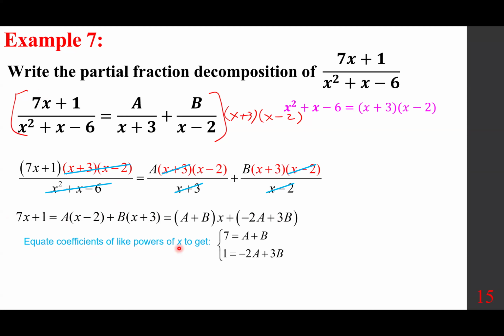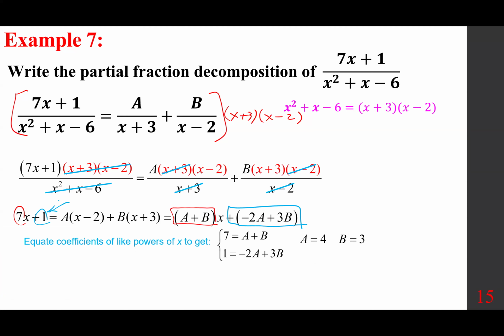So equate coefficients of like powers of x to get this, everybody, is equal to 7. And this, everybody, is equal to a constant. And you can solve it. You end up with a equals 4, b equals 3. And I'm going to quickly show you the easy way out, where you don't even need the system.